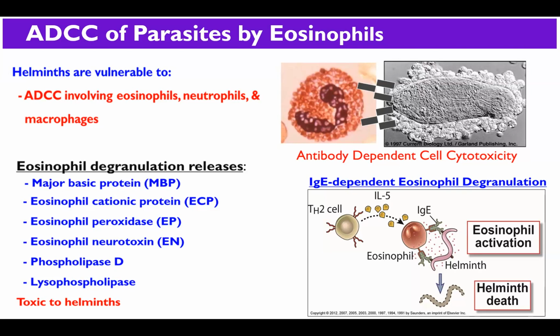If you had to rank them, remember we talked about starting with the mast cells, and then the eosinophils come into the scene. The inflammation around there promotes the recruitment of eosinophils and macrophages. But again, those are secondary compared to the role played by the eosinophils with regard to ADCC.